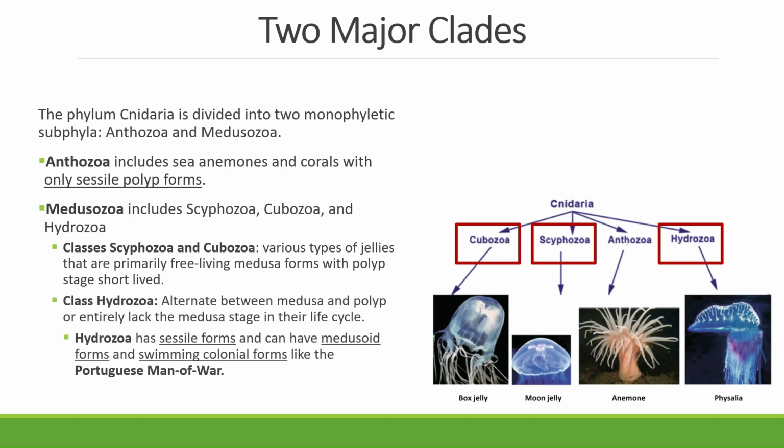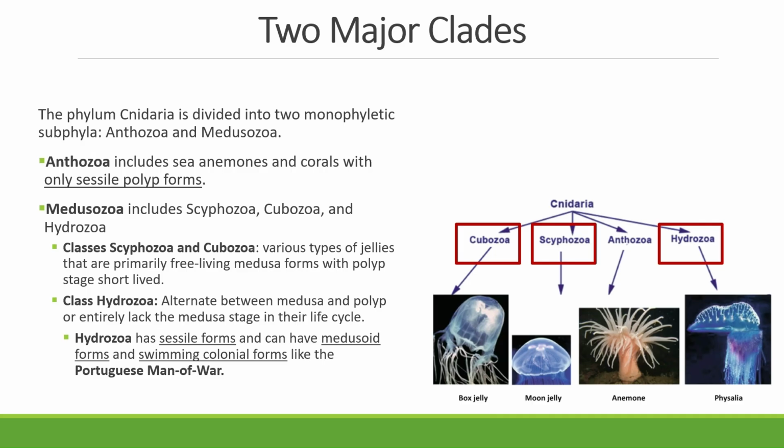In these groups, the polyp stage is usually short-lived or reduced, and the third class, Hydrozoa, is the most diverse. Most hydrozoans alternate between polyp and medusa stages during their life cycle. Some have only polyps, others have only medusae, and many others form colonies. So finally, we have the hydrozoa.